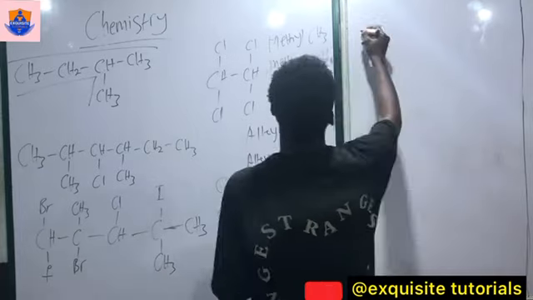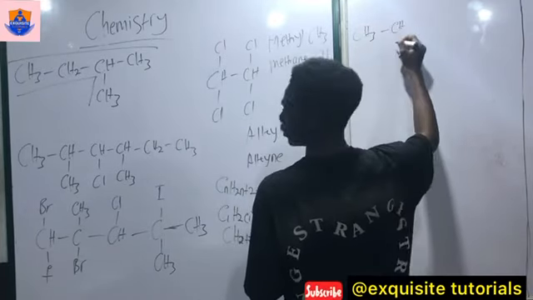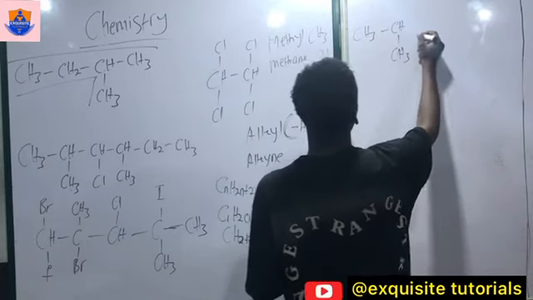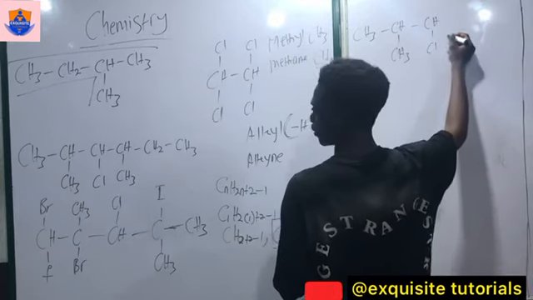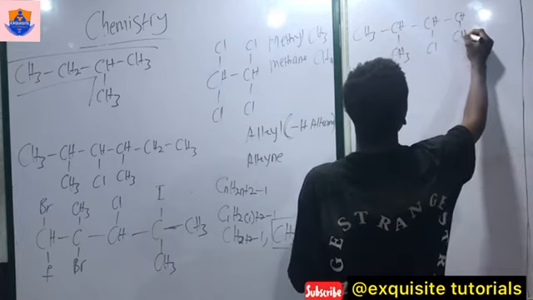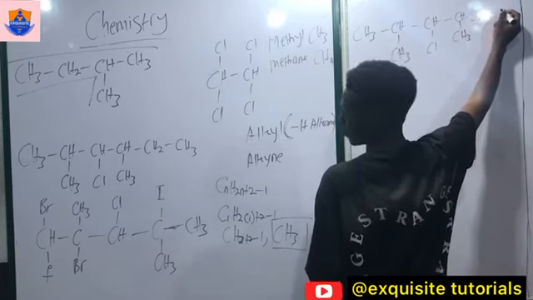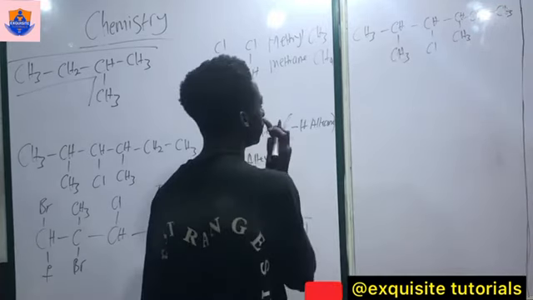We have CH3, CH3, CH, Cl. Now, how do we name this?